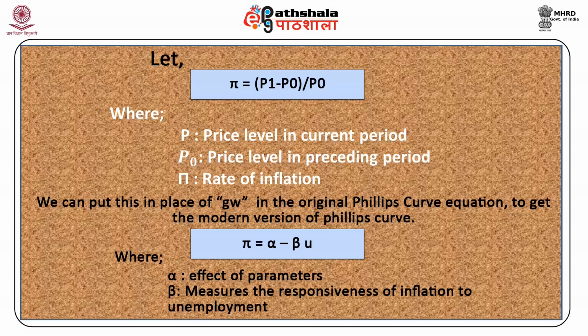The term α captures the effects of parameters such as markup rate, unemployment benefits, price expectations, etc. that can cause the downward sloping Phillips curve to shift, figure 3 below, while the value of β measures the responsiveness of inflation to unemployment.